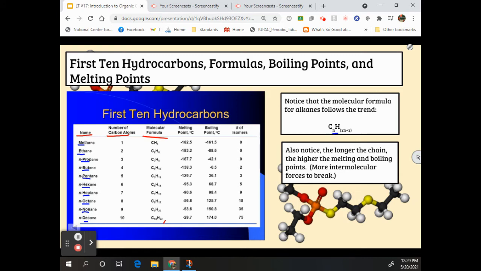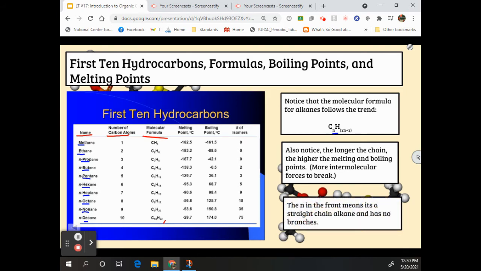The longer the chain, the higher the melting points and boiling points, because there are more intermolecular forces to pull apart, and when you have to put more energy into a substance in order to get it to change from a solid to a liquid, the melting point increases. Longer the chain, higher melting, higher boiling point.